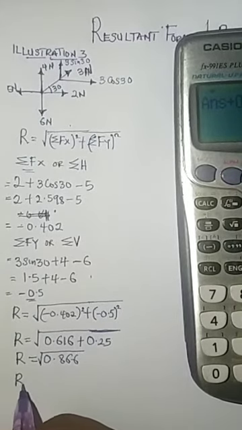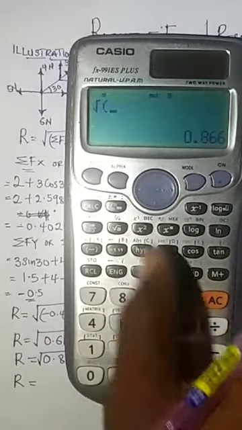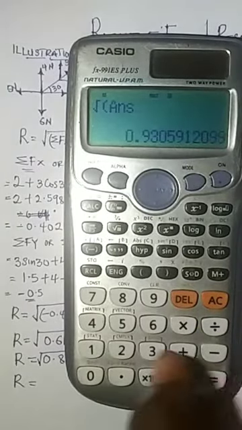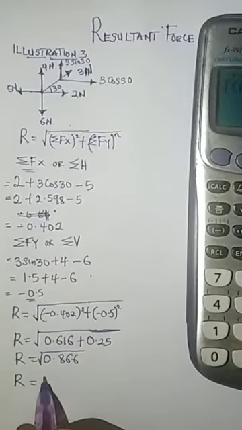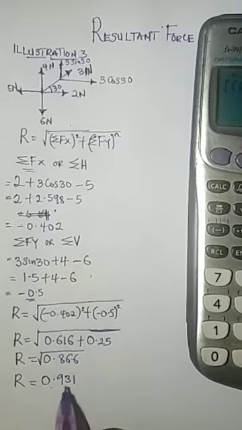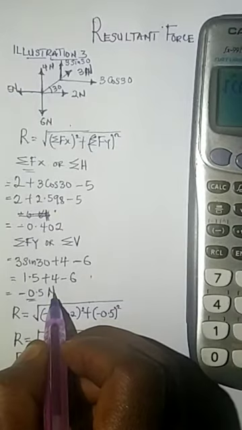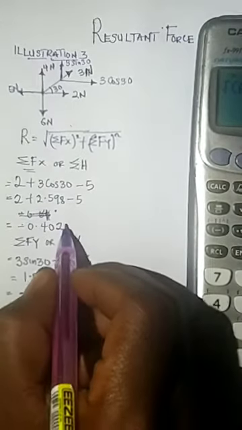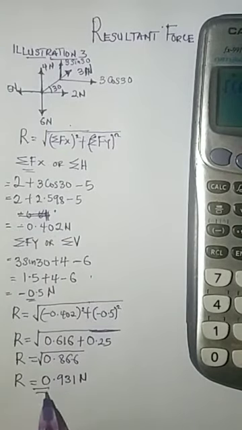So my resultant force will now be the square root of the answer, and that will give me 0.931 Newton. Don't forget they are all in Newton. So this is my resultant force.